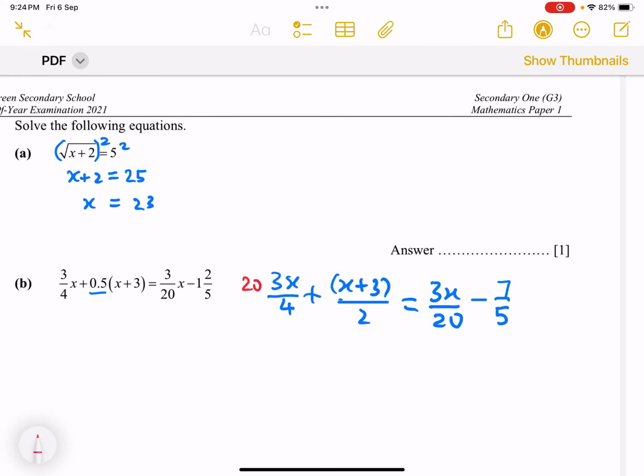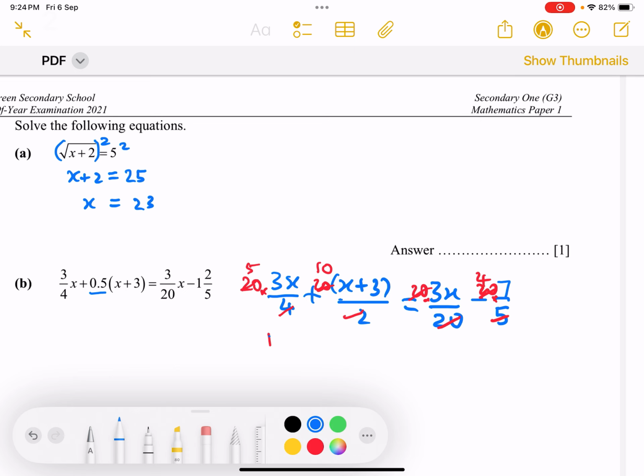So every term is multiplied by the LCM. And why do we do this? So that we can cancel the denominator. Right, so there are no more denominators after this.